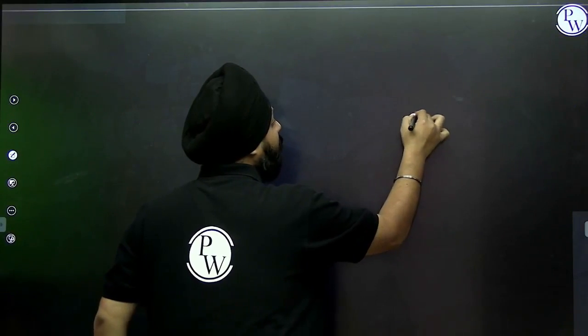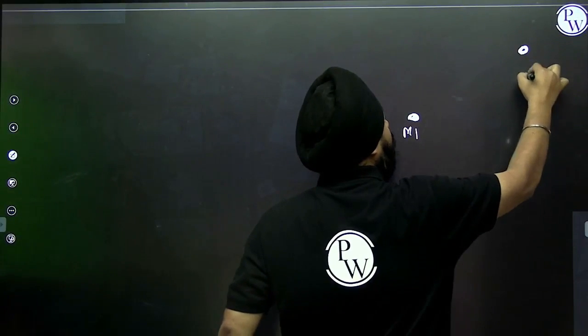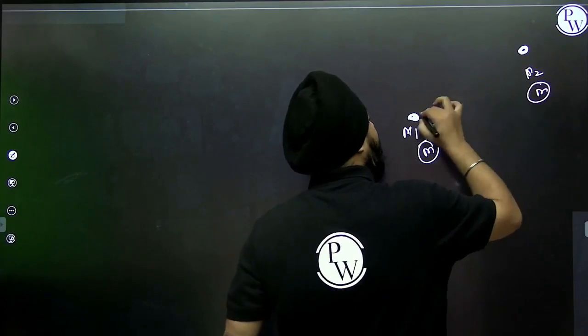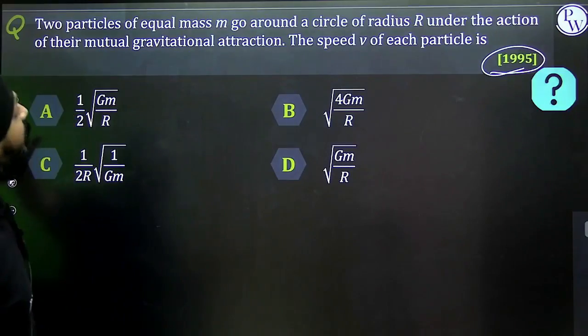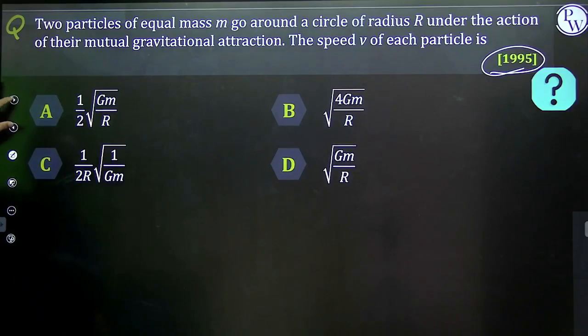This is particle 1. Both are of the same masses, and the circle has radius r.